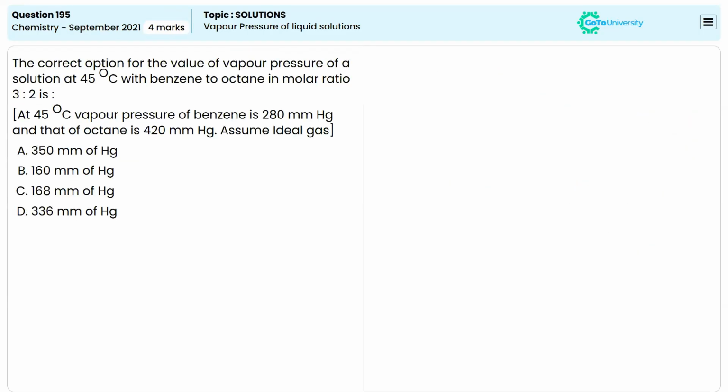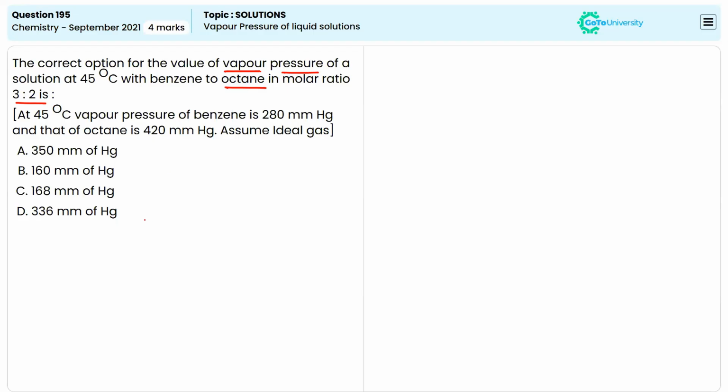Now coming to the next question. Here we have to find the correct value of the vapor pressure of a solution at 45 degrees Celsius, with benzene and octane in molar ratio 3:2. So we have to find the correct value for the vapor pressure of the solution.